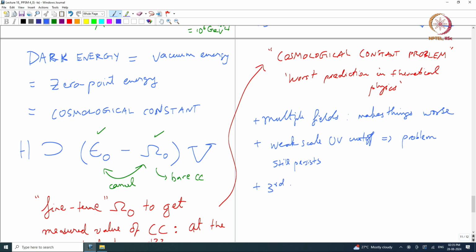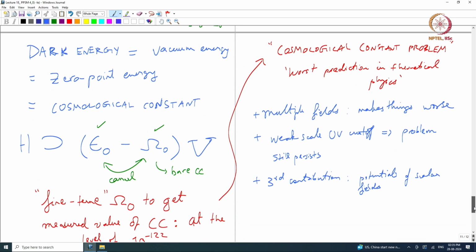So there's a third contribution coming from the potentials of scalar fields. Okay, what do I mean by this? We are already working with a scalar field, right? But we didn't introduce any interactions of the field with other particles or even with itself.